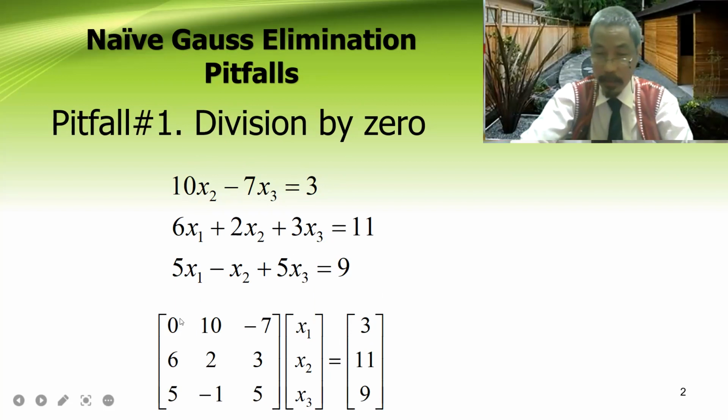Our first step, our first operation, is what? Divide by the coefficient of the first term. The coefficient of the first term is 0. To divide the whole equation by 0 is already not allowed. So pitfall number 1.